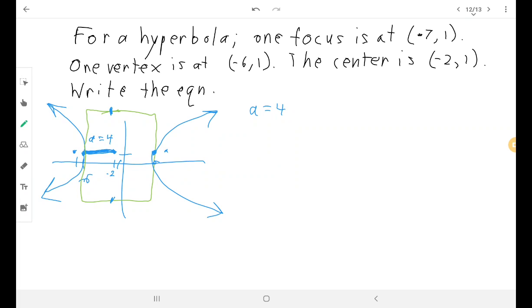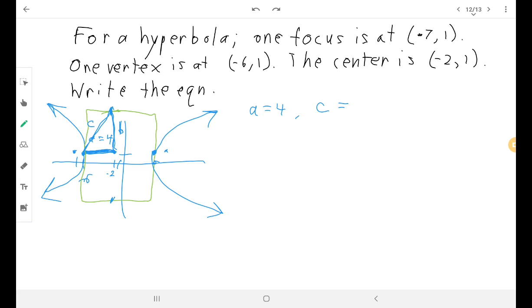So I don't know this B distance right there, but what I do know is that the hypotenuse distance is the C distance. And I do know the C distance because it tells me one of the foci.